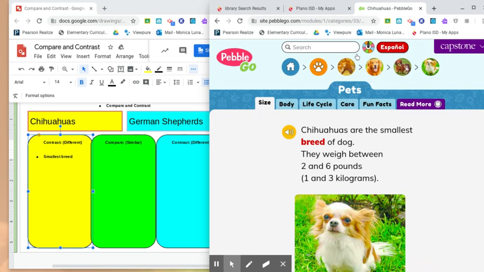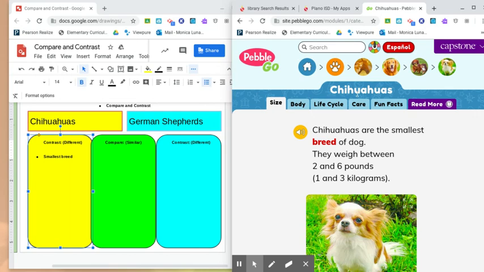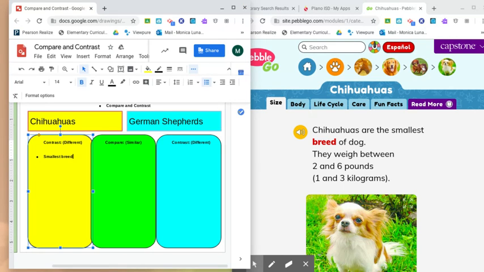Okay, so now we're gonna exit out and we're gonna move this. Okay, so it's the smallest breed. And then I'm gonna also say that it's 2 to 6 pounds. So it weighs between 2 to 6 pounds.